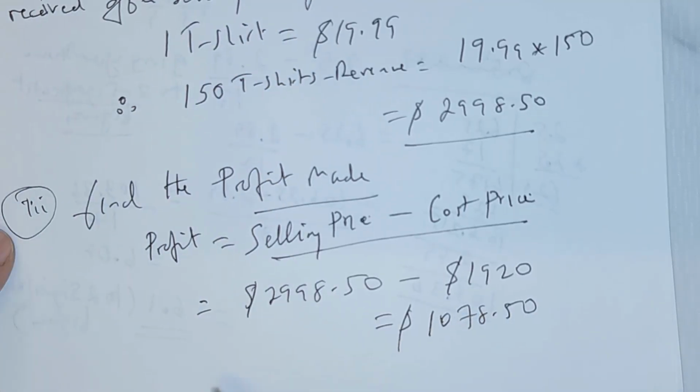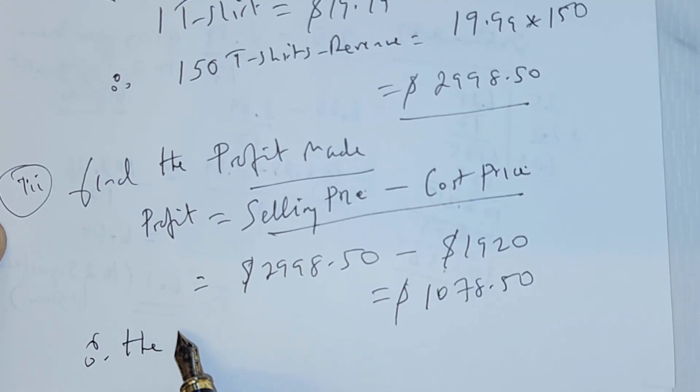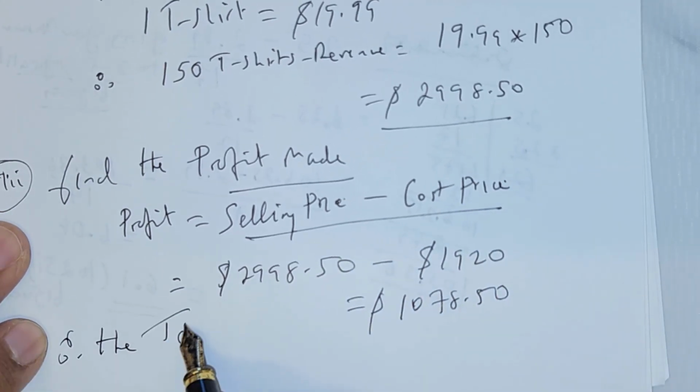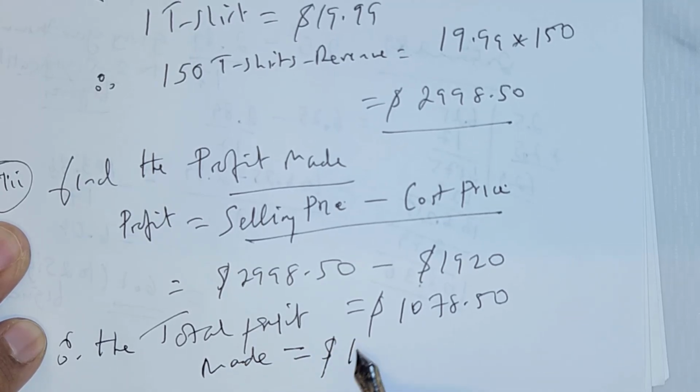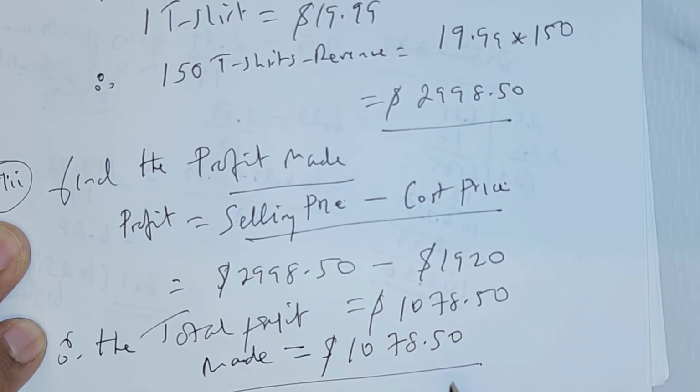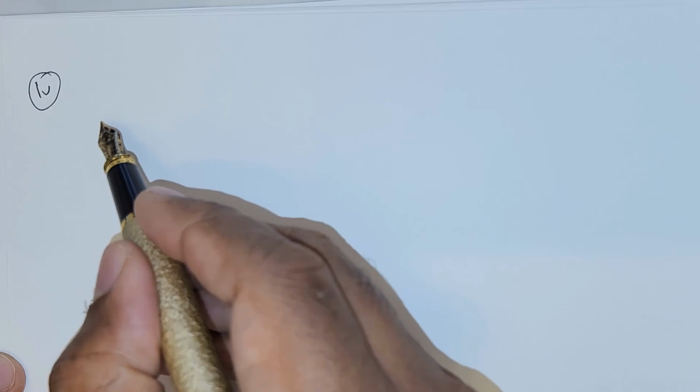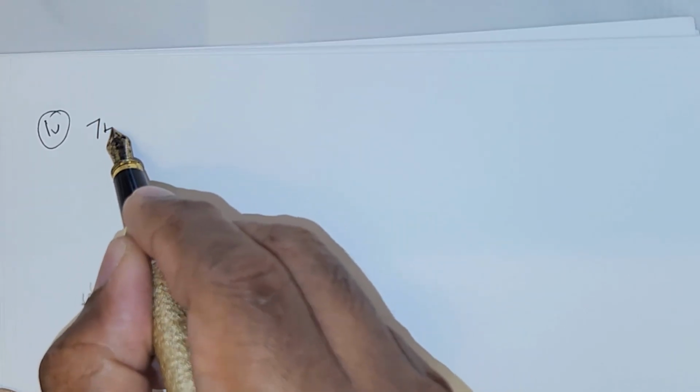So the total profit made. Therefore, the total profit made is what? $1,078.50.